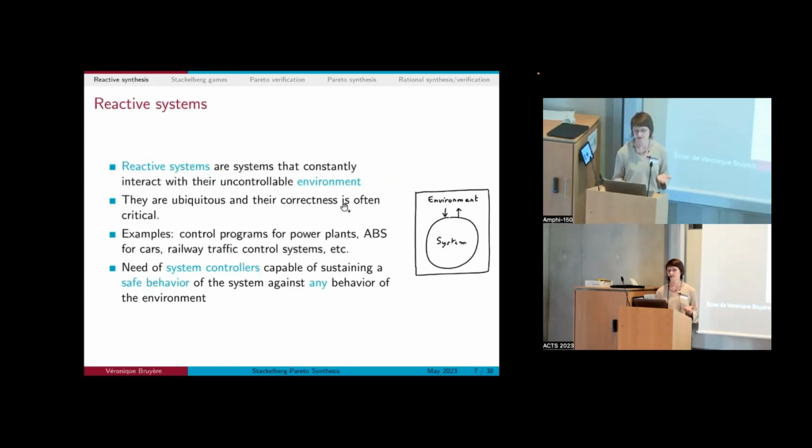Of course, it is necessary to be sure that they are correct in any behavior of the environment. Think about the ABS system in your car.